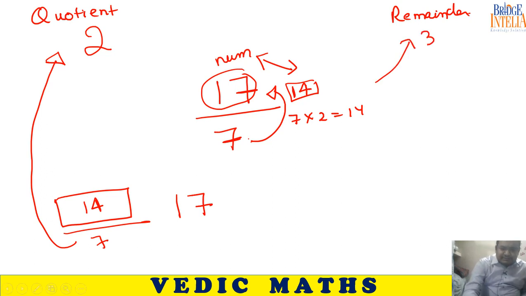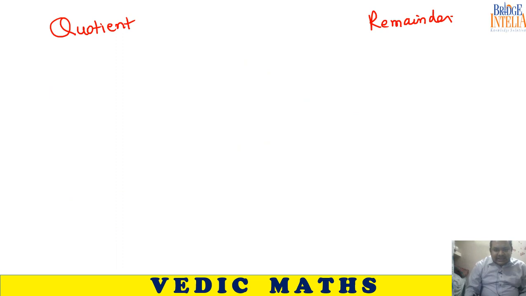Let's take one more example, on quotient and remainder. If we are trying to divide 31 by 6, what will be the quotient? 6 fives are 30.